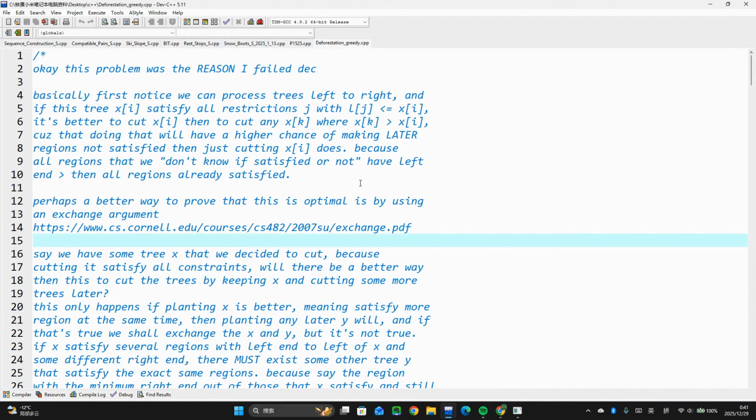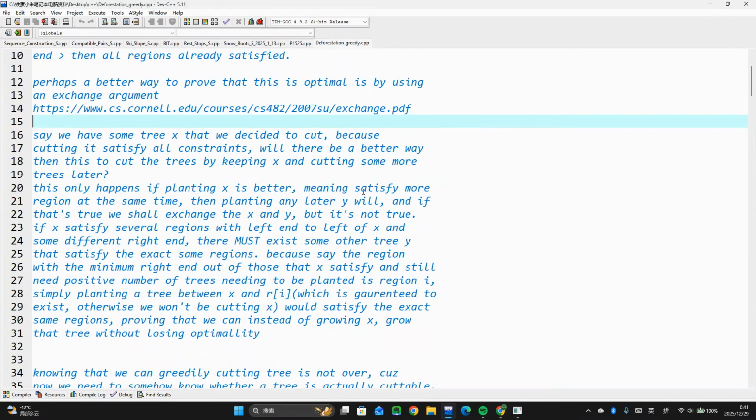So essentially, the key thing about solving this using a greedy is to find one value that's the same across all regions, despite the starting point, ending point, or the current point, or how many trees we've cut so far. And we need to find the most restrictive of this value out of all the restricting regions.